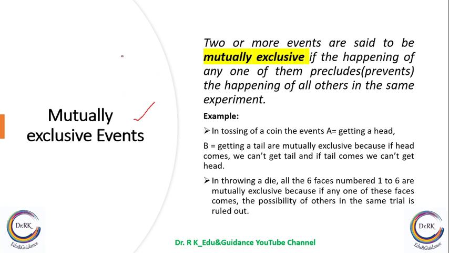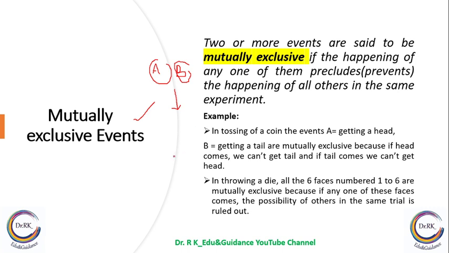If the happening of A prevents the happening of B, then the two events are said to be mutually exclusive.